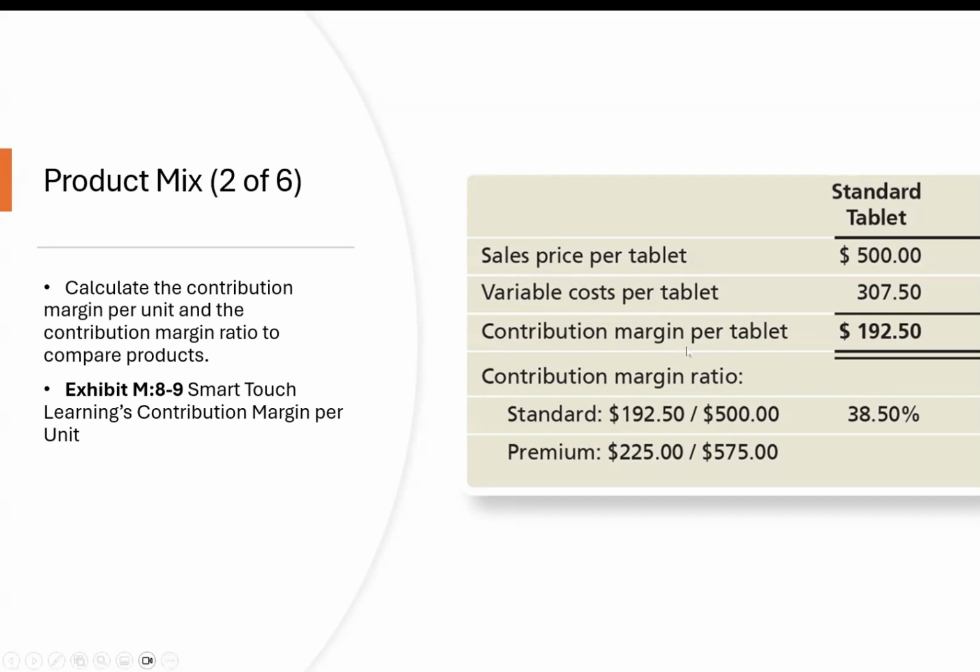Here's the contribution margin per tablet. Standard has $192.50, and the premium tablet is $225, which is higher. The contribution margin per tablet is higher, and also the margin ratio is higher for the premium than it is for the standard.